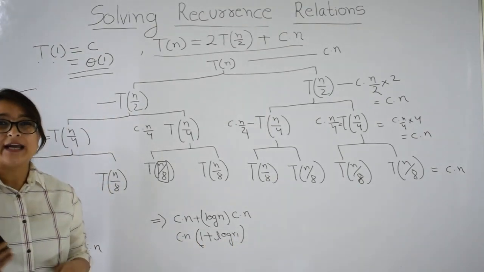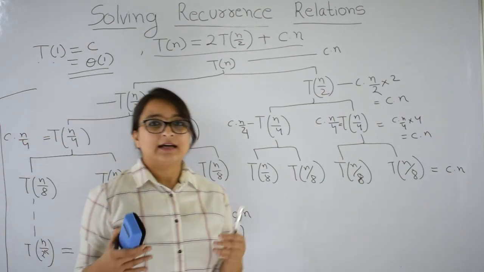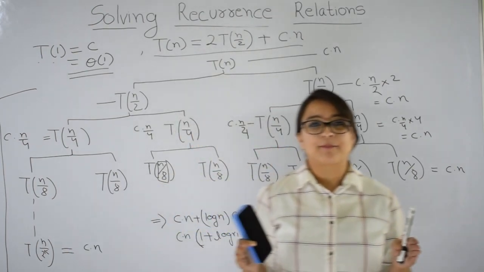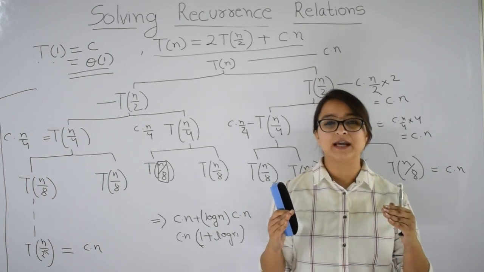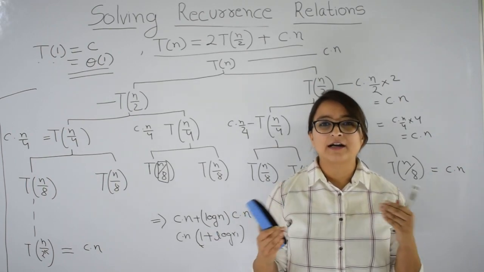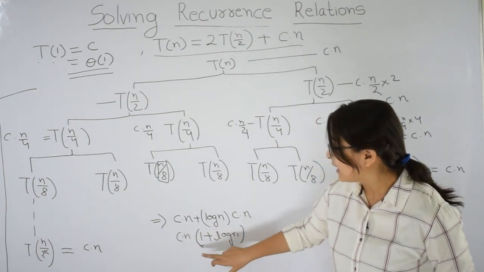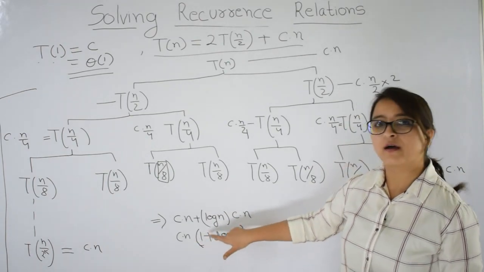Now because we are doing asymptotic analysis, and I have already told you that in asymptotic analysis we could be a little sloppy. We could approximate things because our ultimate purpose is being able to compare the runtime of algorithms. So c into n into 1 plus log n. We can ignore this 1 over here.